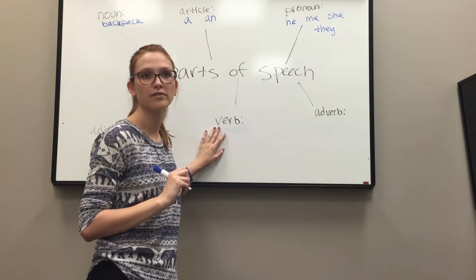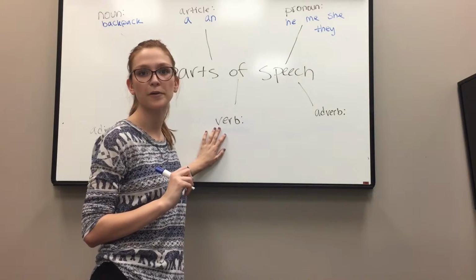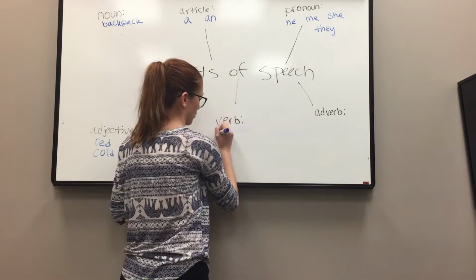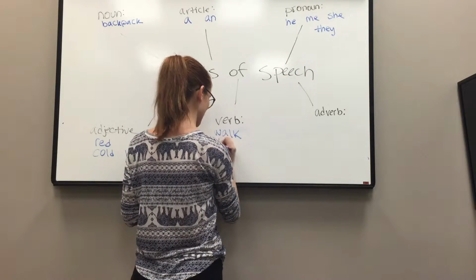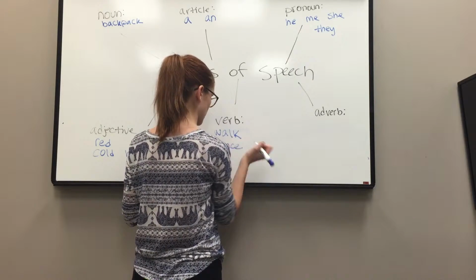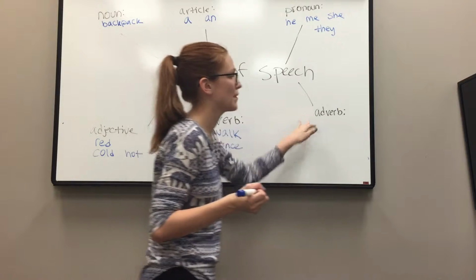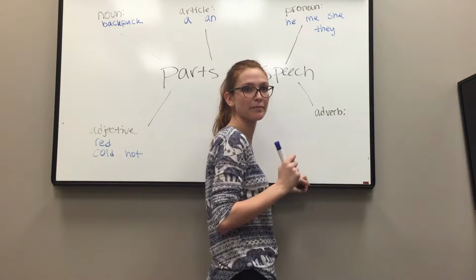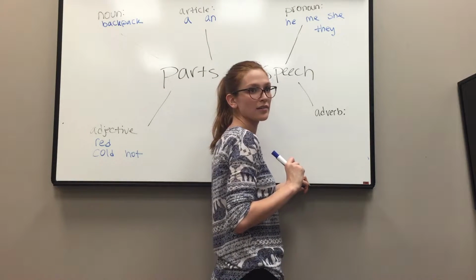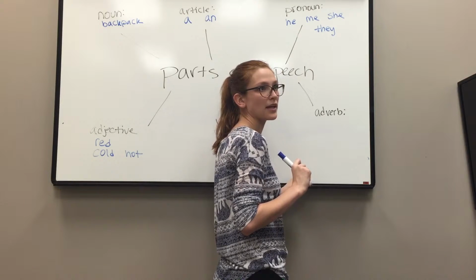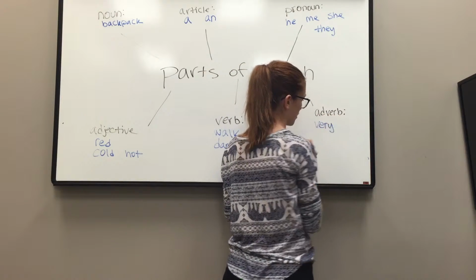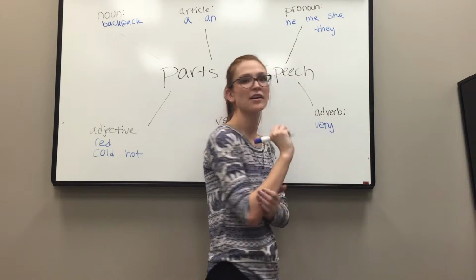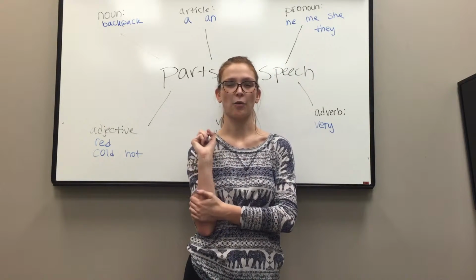What's a verb? What's an example of a verb? Like we said earlier, walk. I heard dance. Dance is a great one. And what about an adverb? Let's see, we're describing nice. Like we used very. Good job. Or a lot of our adverbs end in ly.